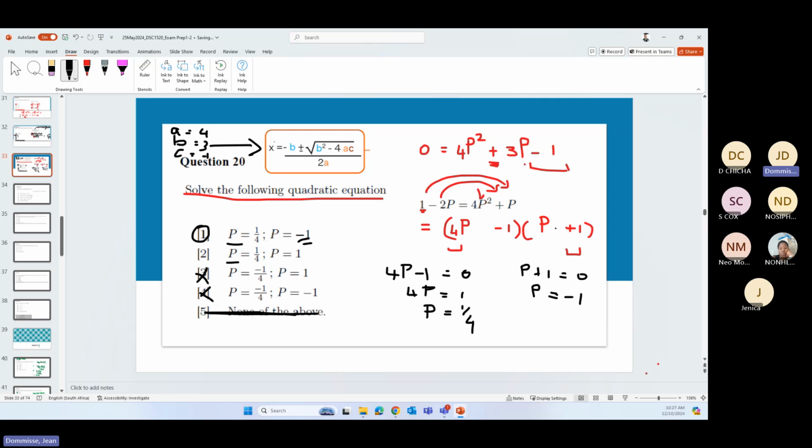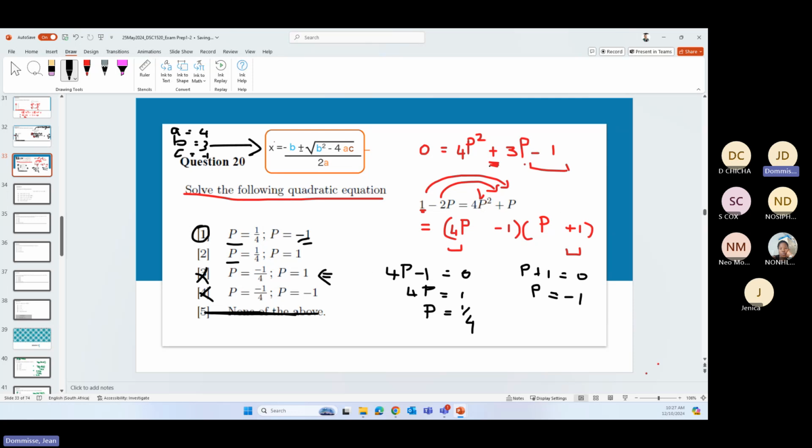Also, if you swapped these around to say 4p plus 1 is equal to 0, you would have gotten that. And if that was then p minus 1, you would basically have gotten option 3 if you swapped this to say 4p plus 1 and p minus 1.